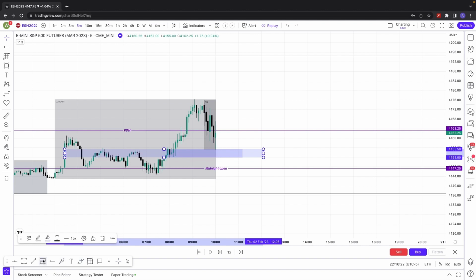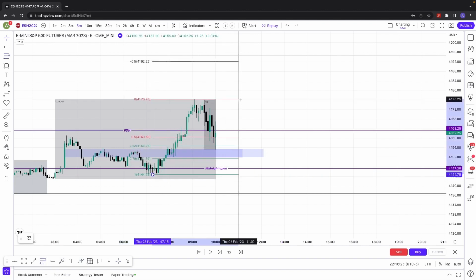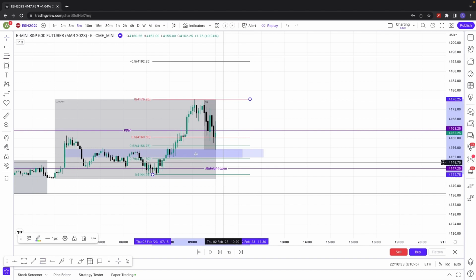Fib tool. All right. That puts us in optimal trade entry right here between 62 and 79%. We have an order block and this BPR that comes all the way across.